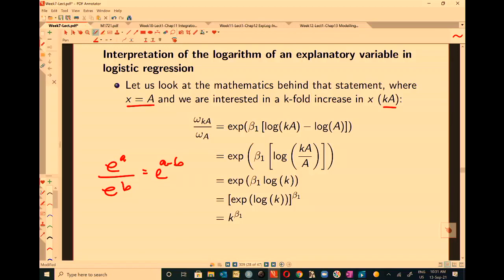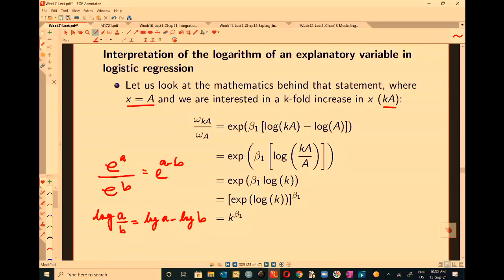That's what's happening here, and I'm going to use the next log law: log of a divided by b is log a minus log b. So I've got a difference of logs, so it becomes log of the ratio, ka over a, the a's disappear, and I get log k.